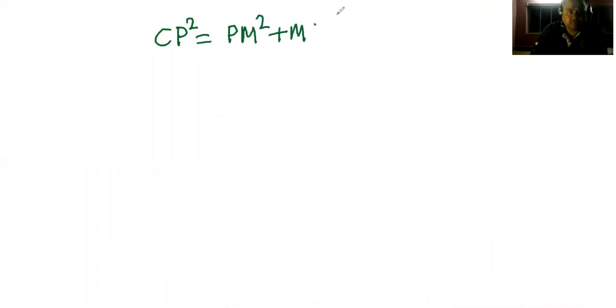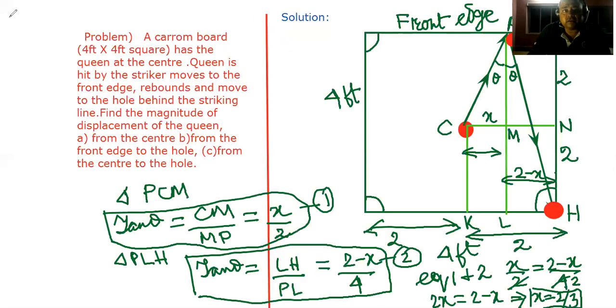So I'm considering the triangle. Just in order to show you once again, I move to the previous page so you can understand better. Which triangle are we considering? We are considering triangle CPM, or you can also say PMC, same thing. So if I consider this triangle, what shall I get?